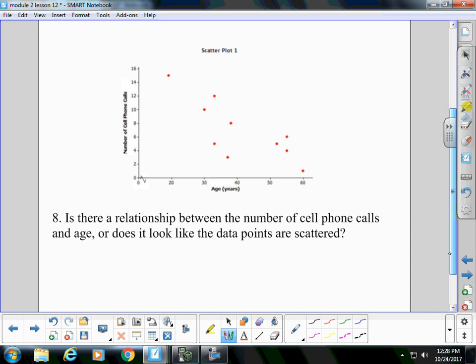Is there a relationship between the number of cell phone calls and the age? Or does it look like the data points are scattered? So you've got the age of people versus the number of cell phone calls that they make. According to the graph, does it appear to be a relationship? And I would say yes.